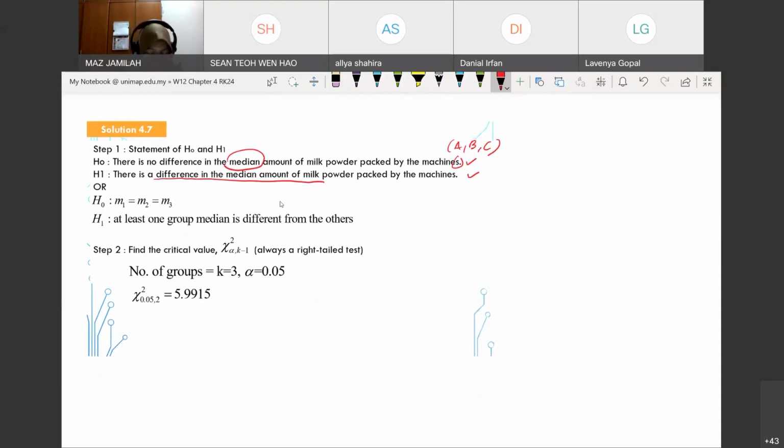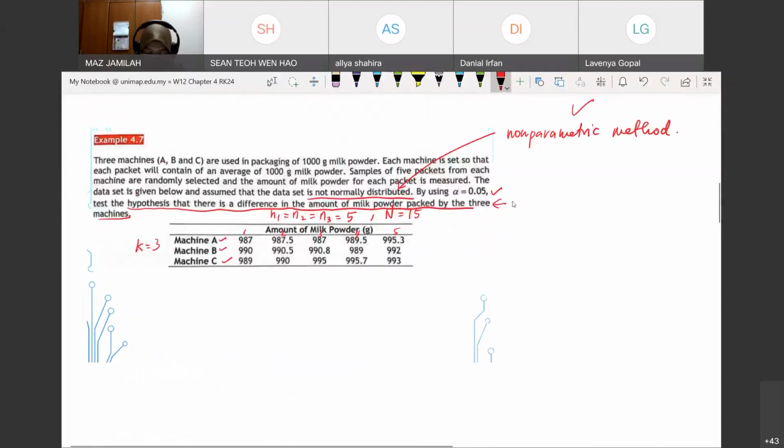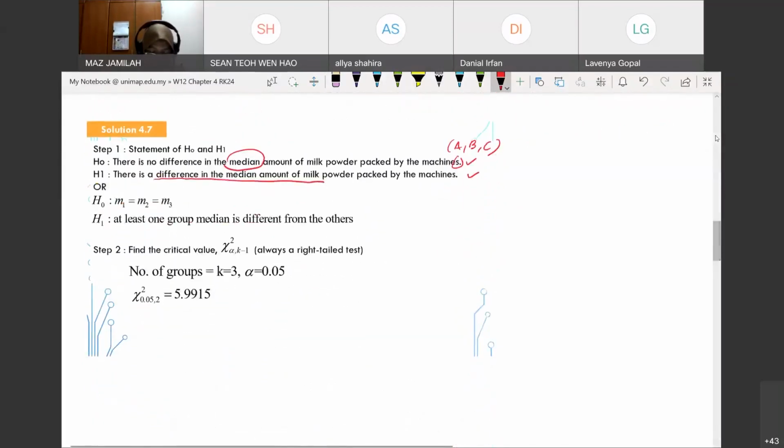Or you can also write median 1 is equal to median 2 is equal to median 3, since you are not being given the hypothesized value, so you use this symbol. And for the alternative, at least one group median is different from the others. So you can use either this one or this one.